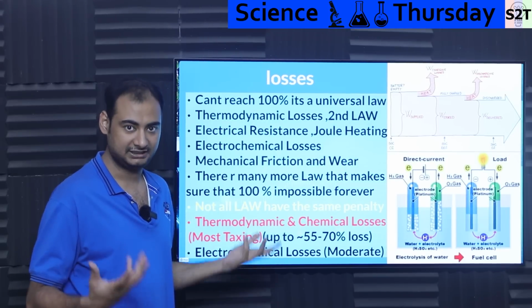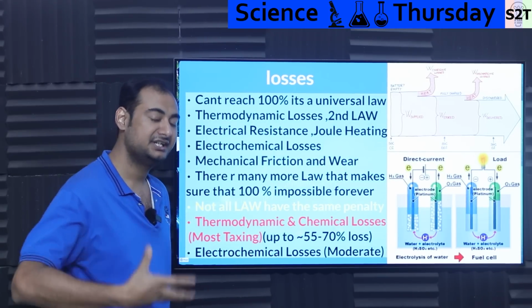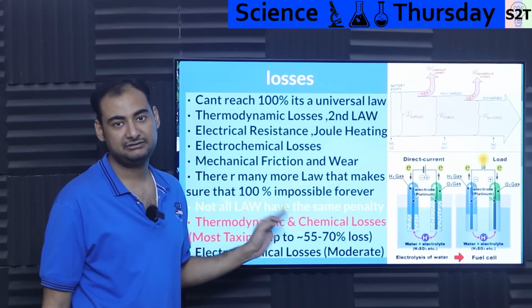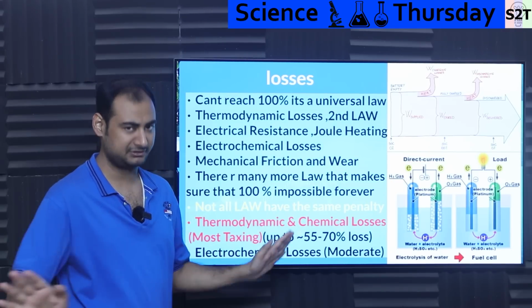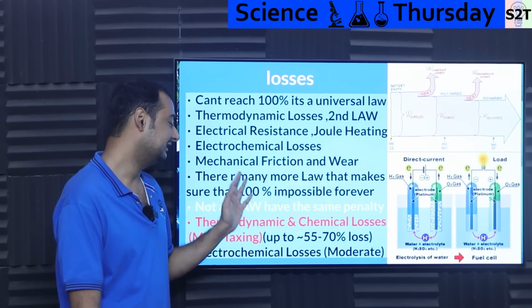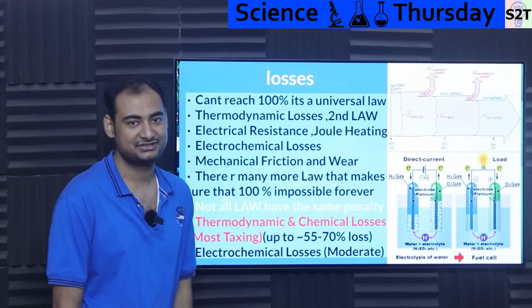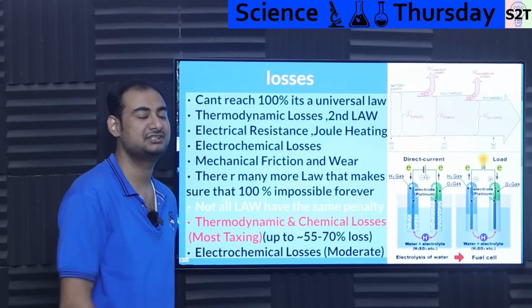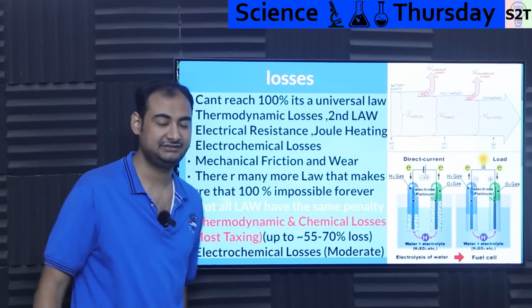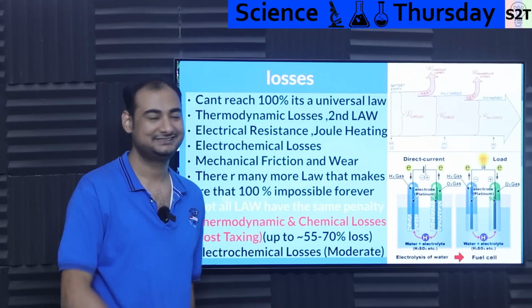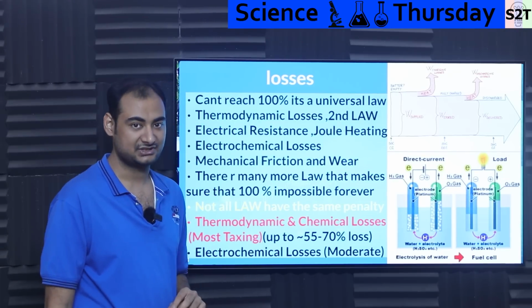What does that mean? If you're dumping 100 units of energy, you'd be wasting flat out at a super optimum system 55% of it, realistically 70% of it, meaning only 30 units of energy would be available for use, even though you charged for 100. That is the whole point you must understand.